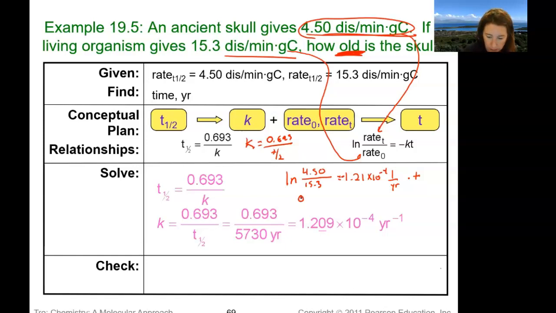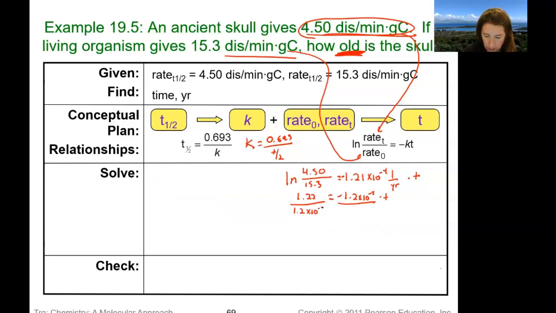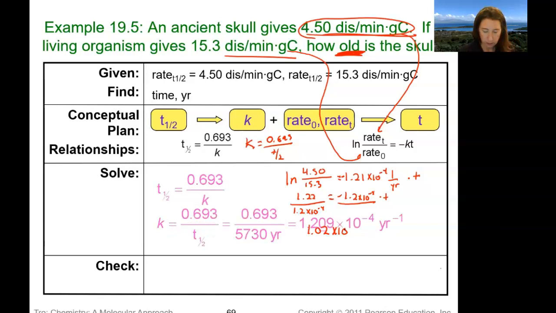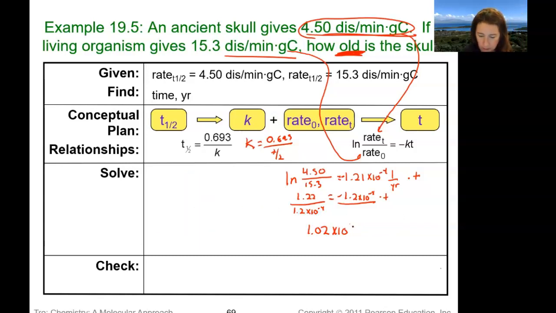So we got negative 1.22 equals negative 1.21 times 10 to the negative 4 times T. So just divide this by 1.21 times 10 to the negative 4. I have 1.02 times 10 to the 4 years.